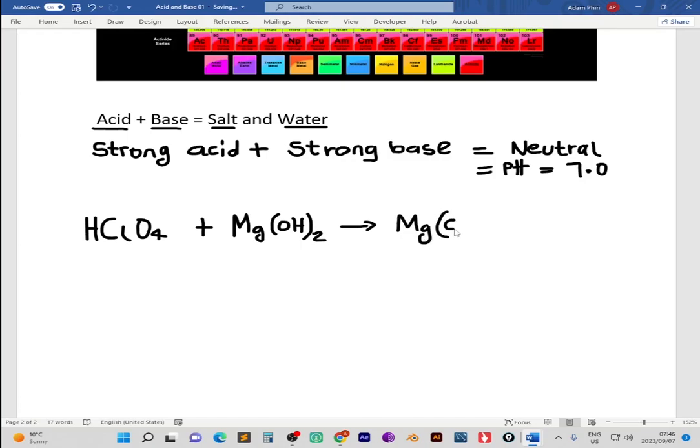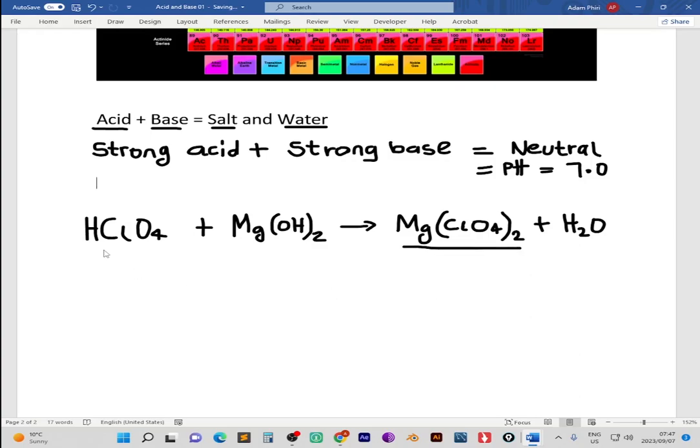In that case, it gives us magnesium perchlorate, a salt, plus water. I think it's balanced.